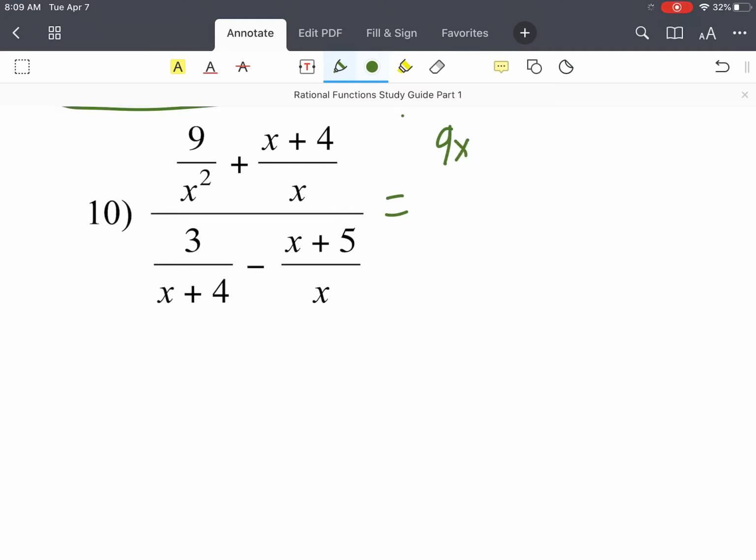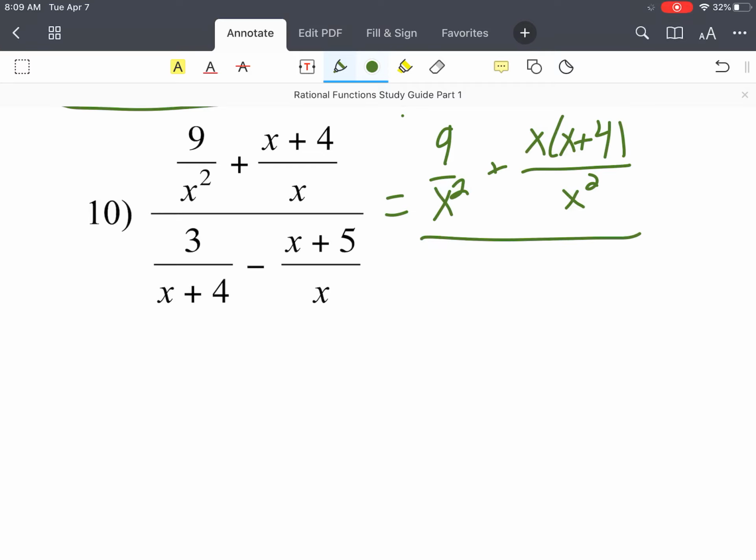So on top, it looks like my common denominator is going to be x squared. So I'm going to need a 9x. Ooh, no, I am not, am I? That one's already fixed. So 9 over x squared plus, all right, this one needs an x, so x times x plus 4, all over... All right, on the bottom, it looks like it's going to be x times x plus 4 as our common denominator.